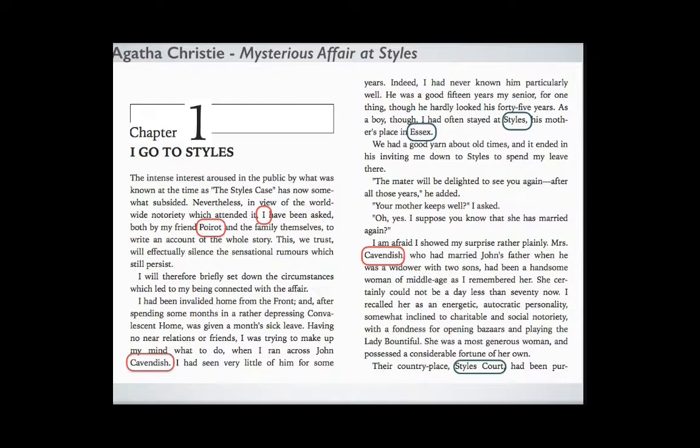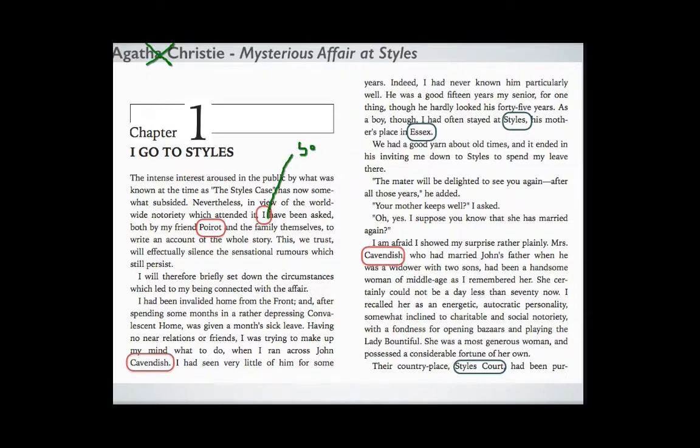So right after the war had ended, this is just a few years after the war had ended, he spent time in a convalescent home, but it was rather depressing, so he wanted to get out. So we can assume that this person is someone who was injured in the war. And I'm guessing that would knock out Agatha Christie herself as the narrator. This I becomes someone that is a soldier.